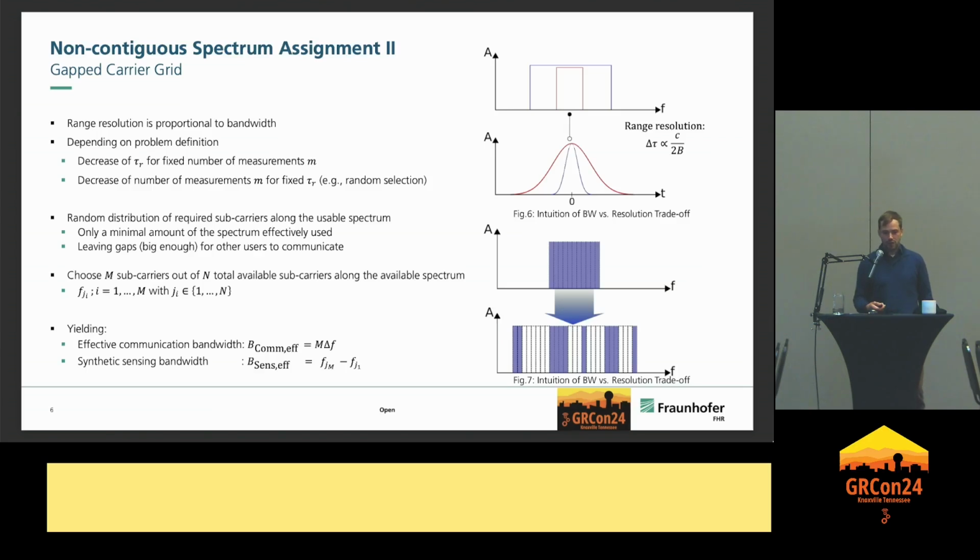So our scheme is to randomly select carriers across the available frame and synthesize that together so we get the full resolution we would have using the entire bandwidth, but not actually using the entire spectrum.